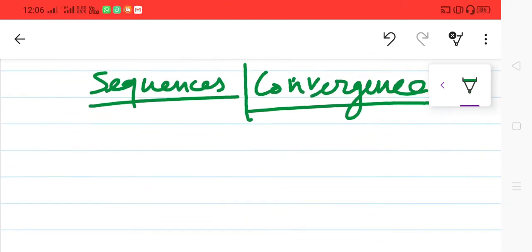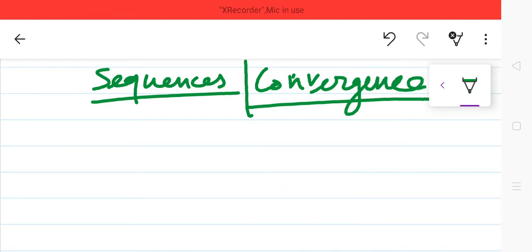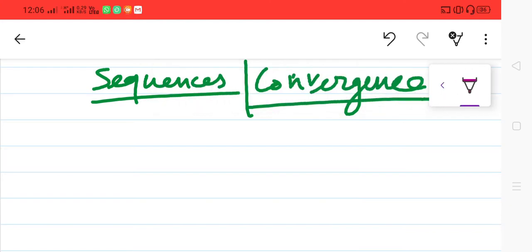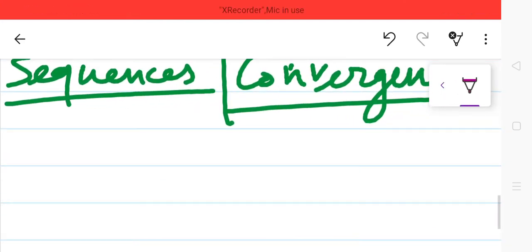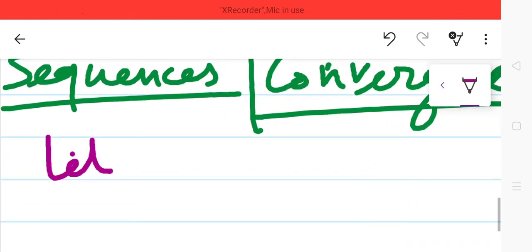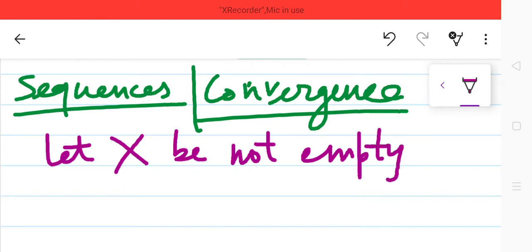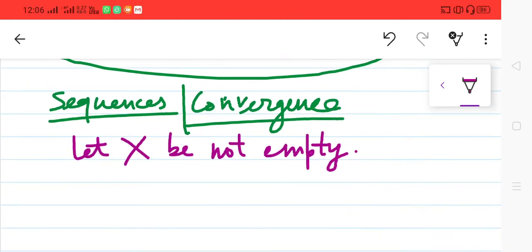So what is the definition? Let X be a non-empty set.